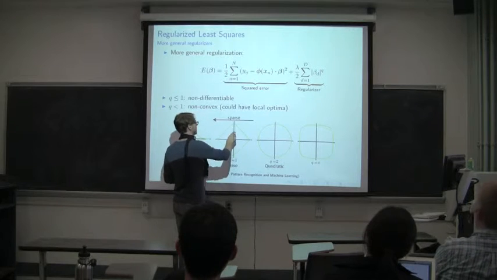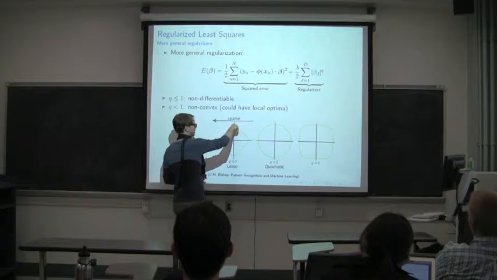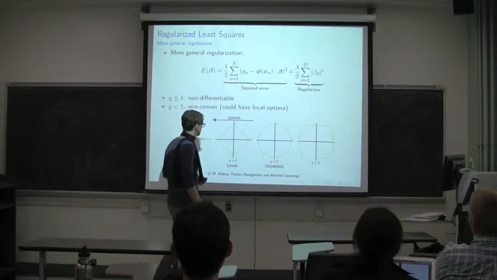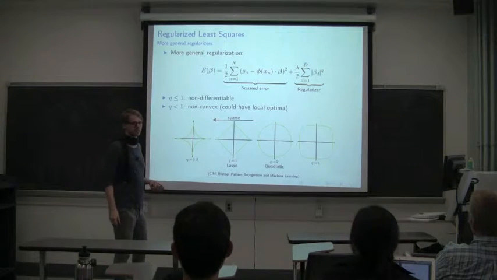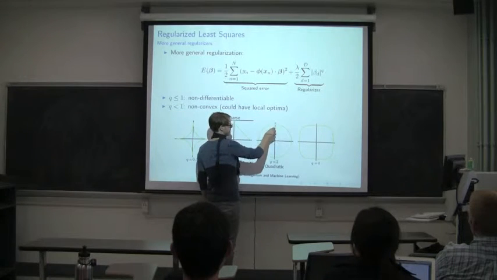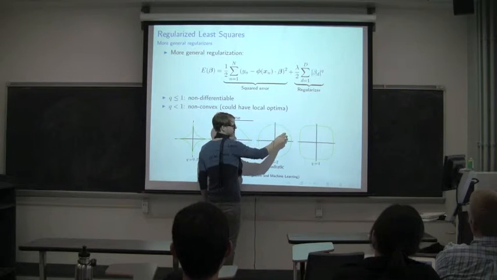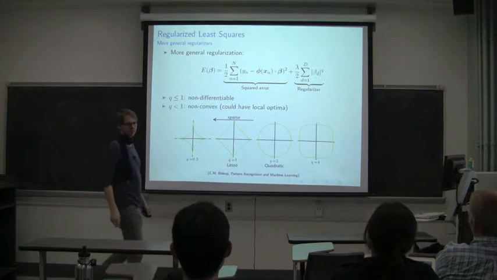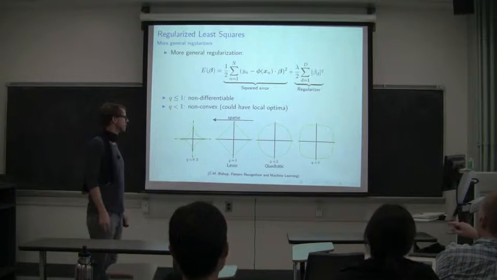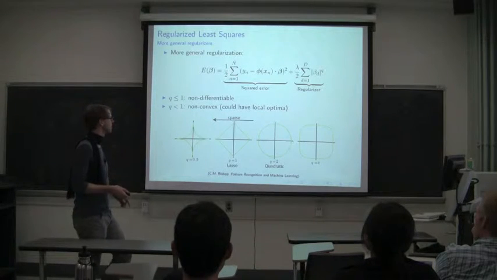So you give the same penalty for, say, this being 1 and this being 0, as for putting both of them at 0.5, or here, both of them being square root of 2. Oh, sorry, the penalty is larger, yeah.